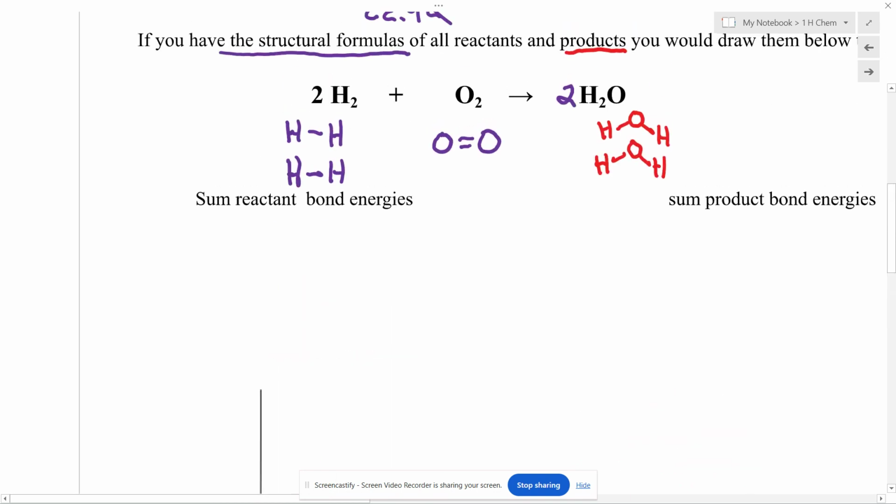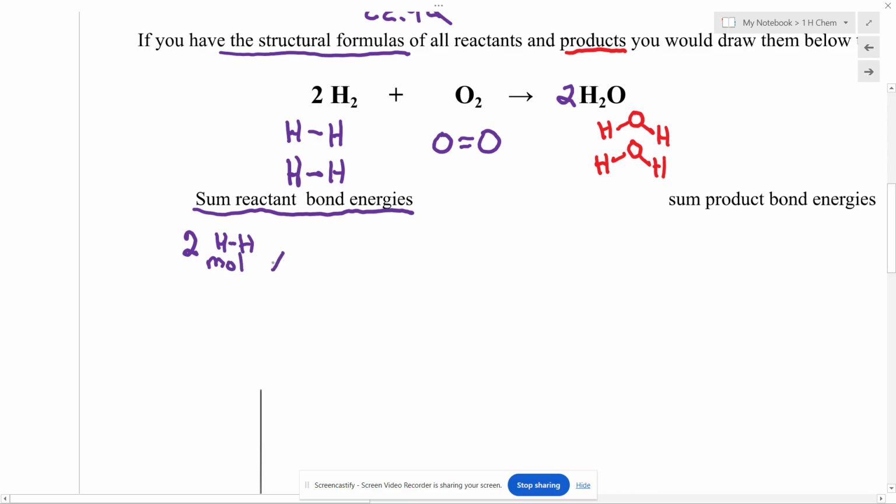So what is the sum of the reactant bond energies? We have two kinds of bonds. We have two of the bonds that are hydrogen attached to another hydrogen. We have two of those. So we have, actually, we're going to say we have 2 moles of those.